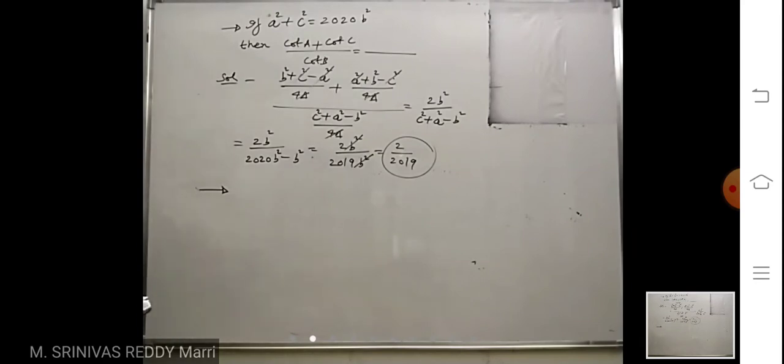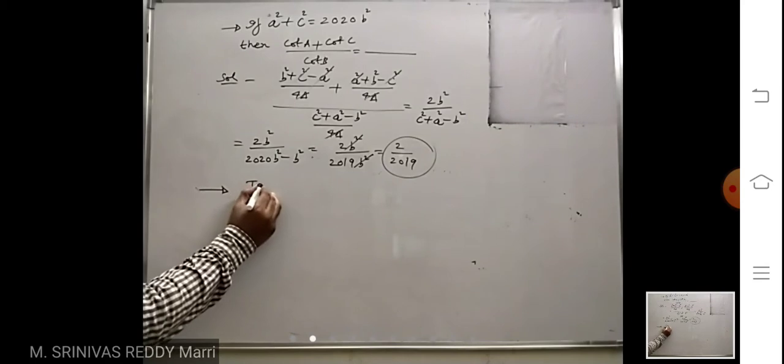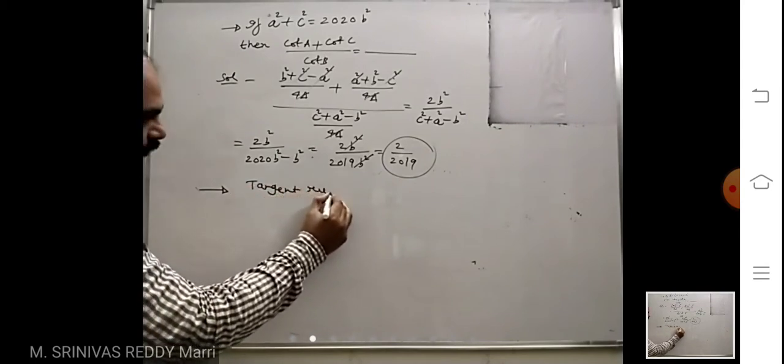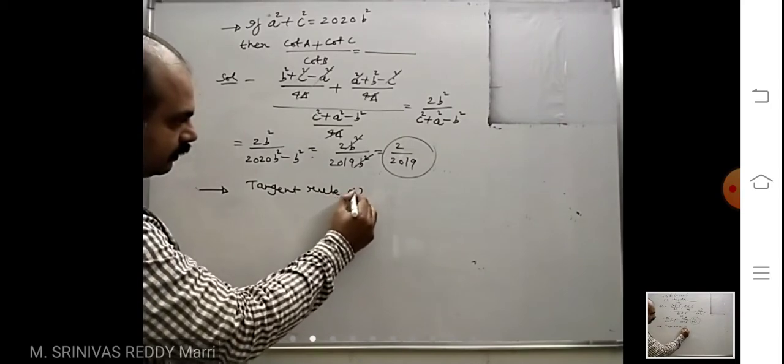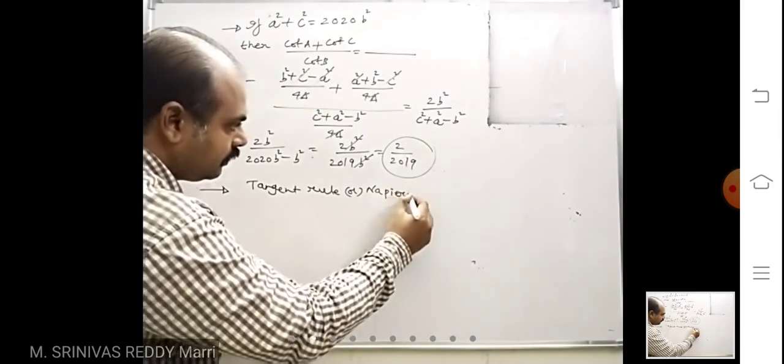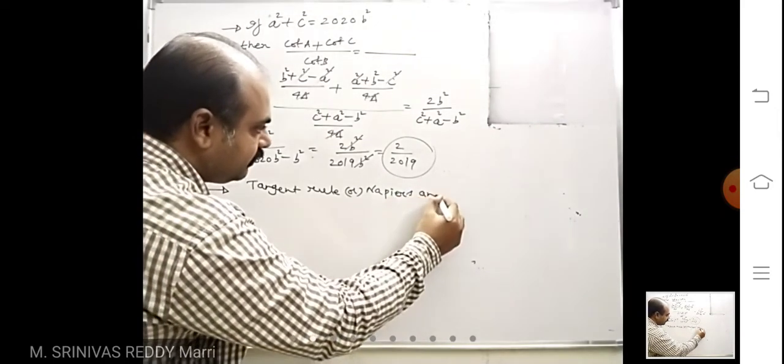Next theorem. Next is the tangent rule, or this is also called Napier's analogy.